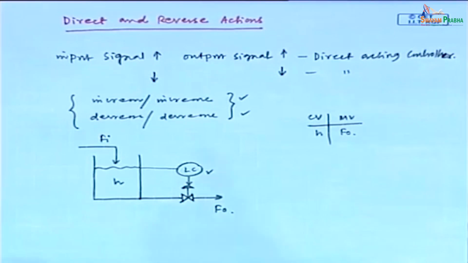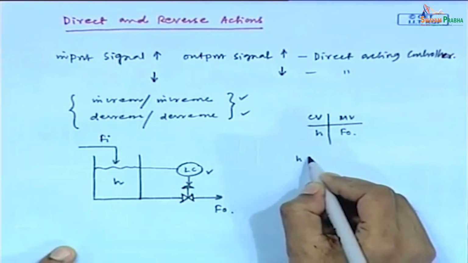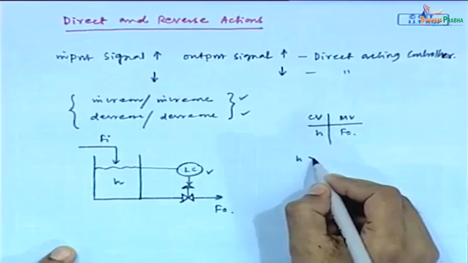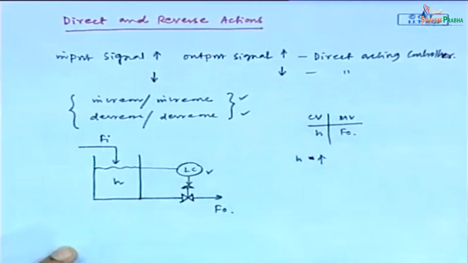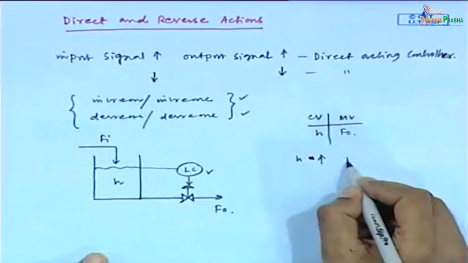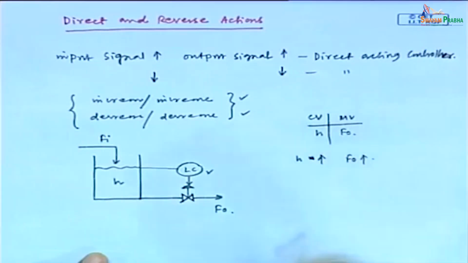Fine. Now, suppose height increases, what is required to do for the controller? The controller should increase F naught or decrease F naught? Controller should increase F naught. If height increases, the controller should increase F naught to maintain the height at its desired value.